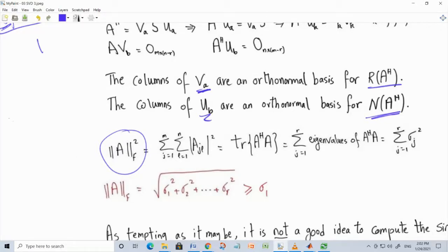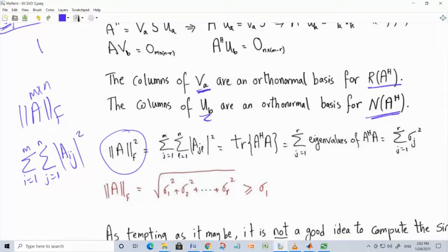The Frobenius norm of a matrix A, an M by N matrix, means you go I from 1 to M, J from 1 to N, take the magnitude of element Aij, square it, and sum over all elements in the matrix, and then you take the square root.